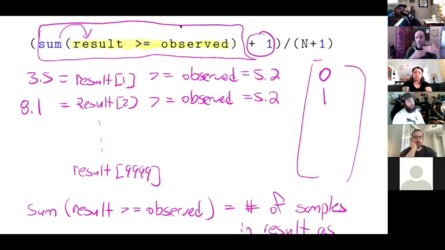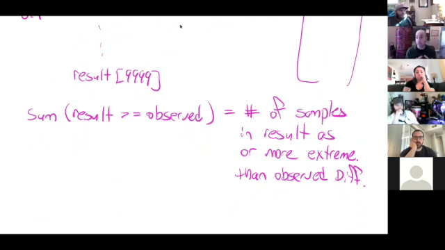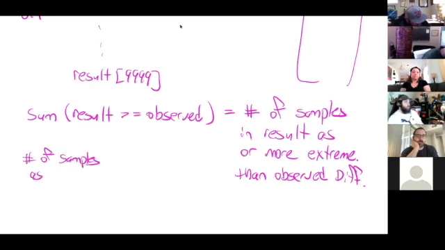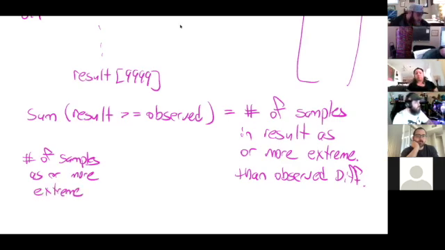This is a ratio. So I'm going to add 1 to the numerator, since the sample that we started with is by definition equally extreme to itself. So in the numerator, you're going to have this number of samples as or more extreme. This +1 accounts for the actual sample that we have.